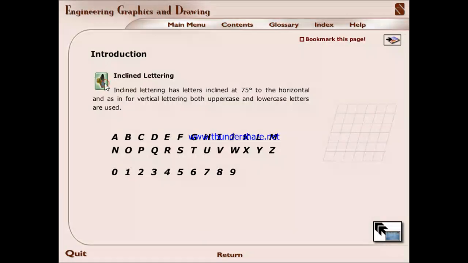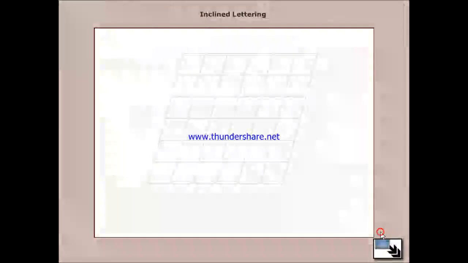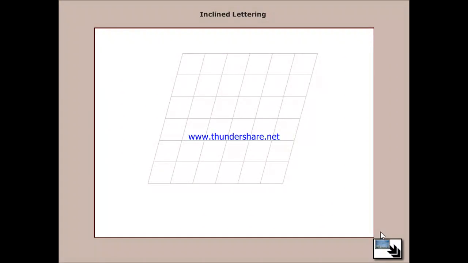Inclined lettering has letters inclined at 75 degrees to the horizontal, and as in vertical lettering, both uppercase and lowercase letters are used. These are the inclined letters.